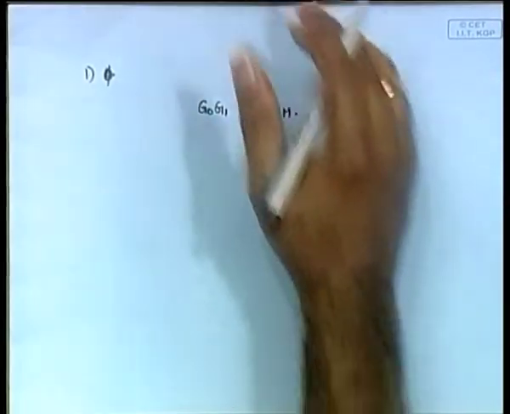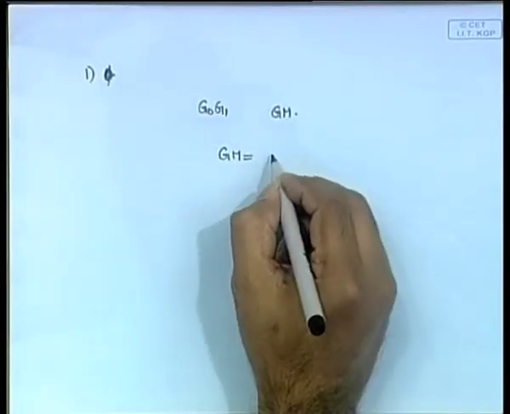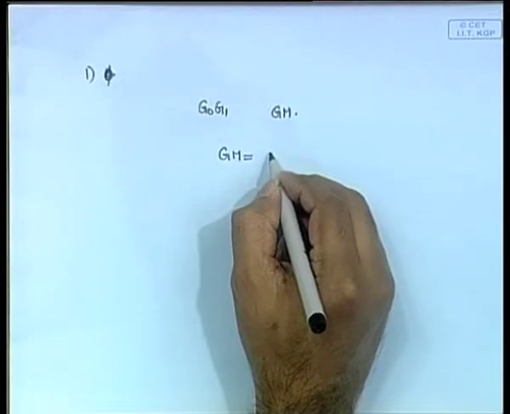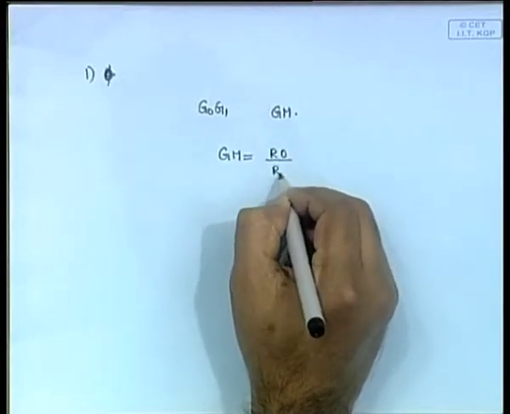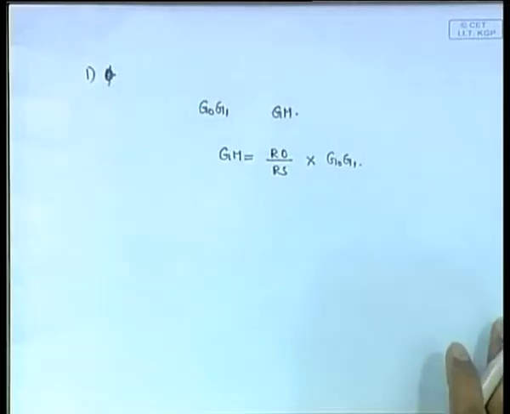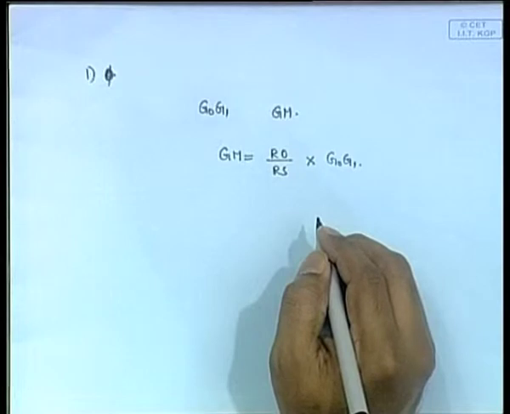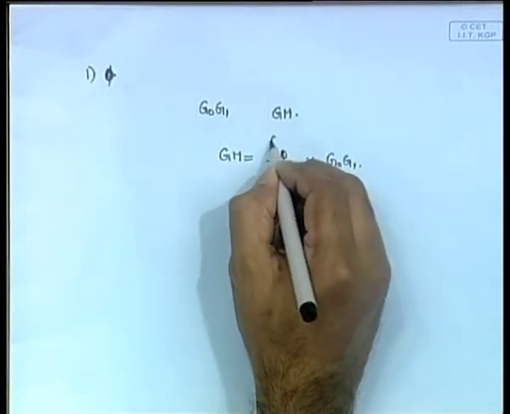If you want, I can write the formula itself. This is the formula, where G0G1 by GM becomes tan theta, no, I think it is cot phi.